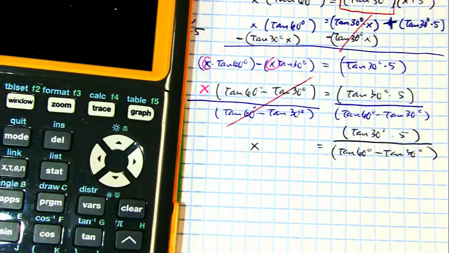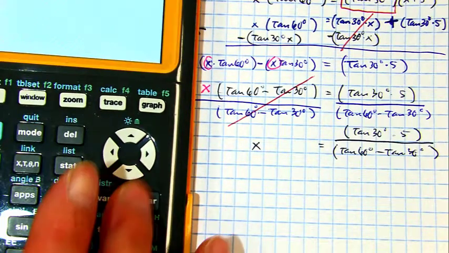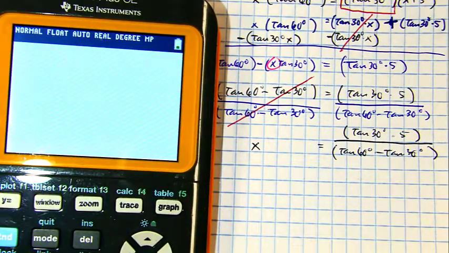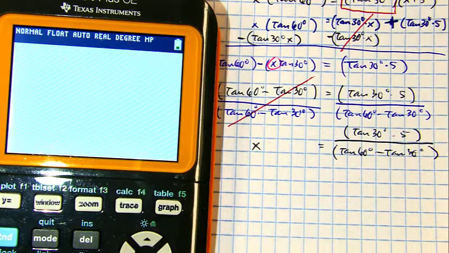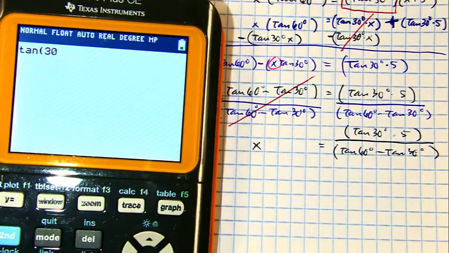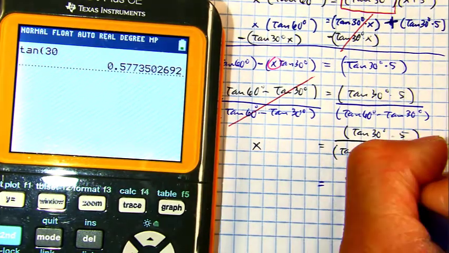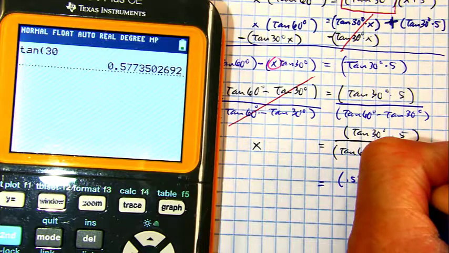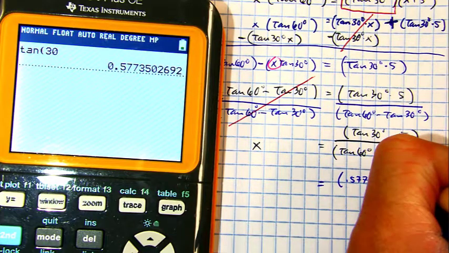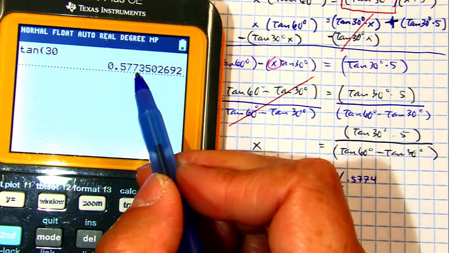Let's say I want to eliminate kind of like potential difficulties. I'll just type in tangent of 30. And I'm going to get 0.577. We talked about earlier rounding to the nearest 4 decimals.